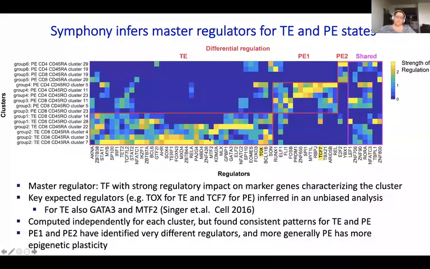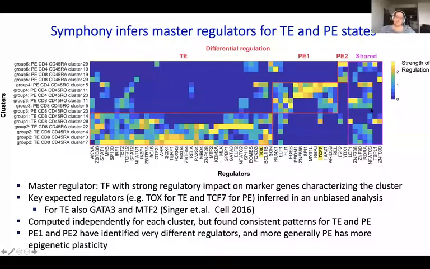We saw a structure of master regulators that could explain many of the differences that we saw in the TE clusters. And we saw a set of regulators for PE1, PE2, again, shared across the clusters that participated in each group, as well as a bunch of shared regulators.